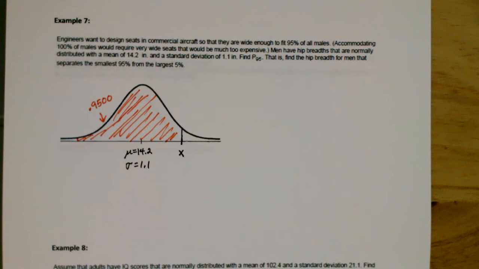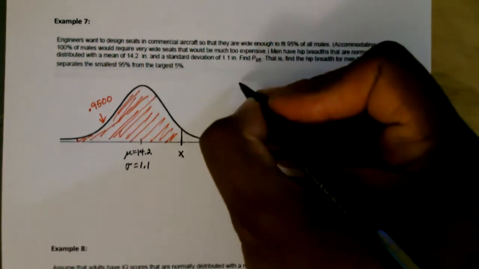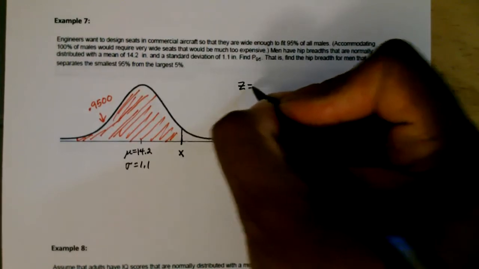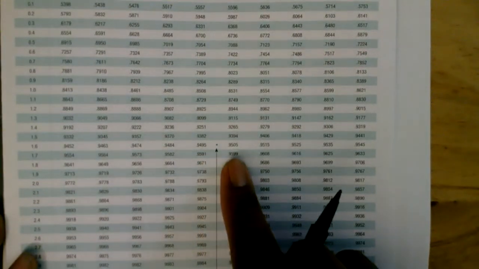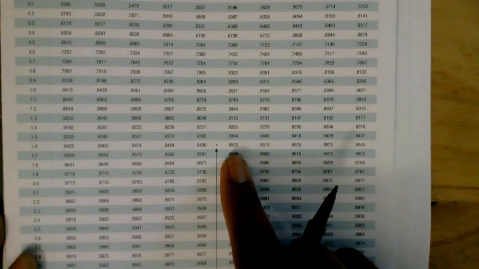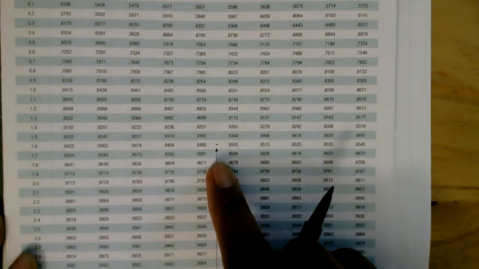All right, now let's find 0.9500 in the table so we can come up with our z value. And that's bigger than 0.5, so we need to look at the table that says positive z-scores. Well, I see 0.9495 and 0.9505, but in between those, notice you see an asterisk.